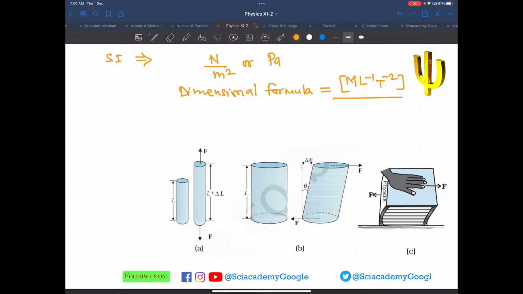Now there are three methods in which a solid may be deformed according to its dimensions. So under that condition we have three types of stress.